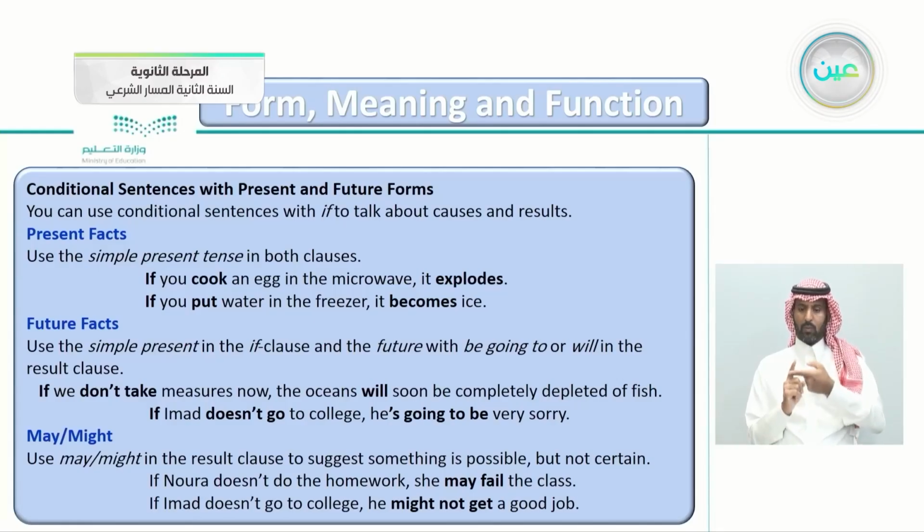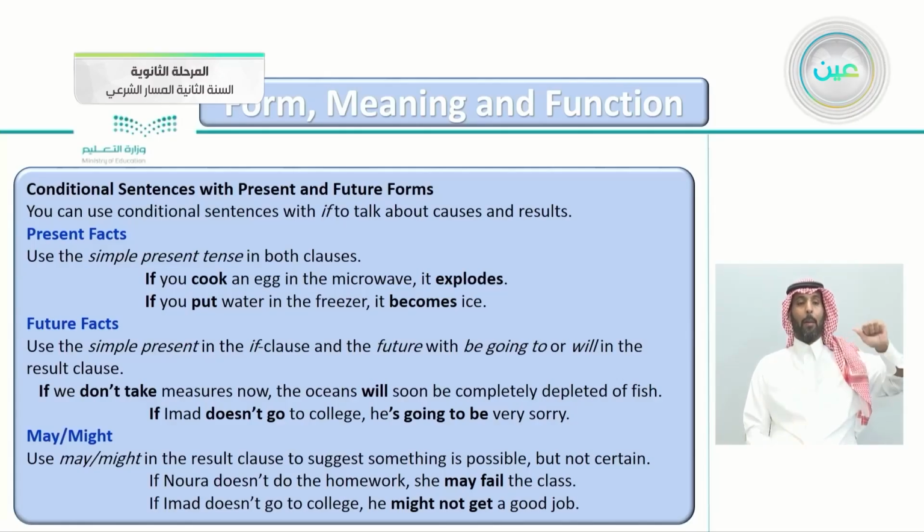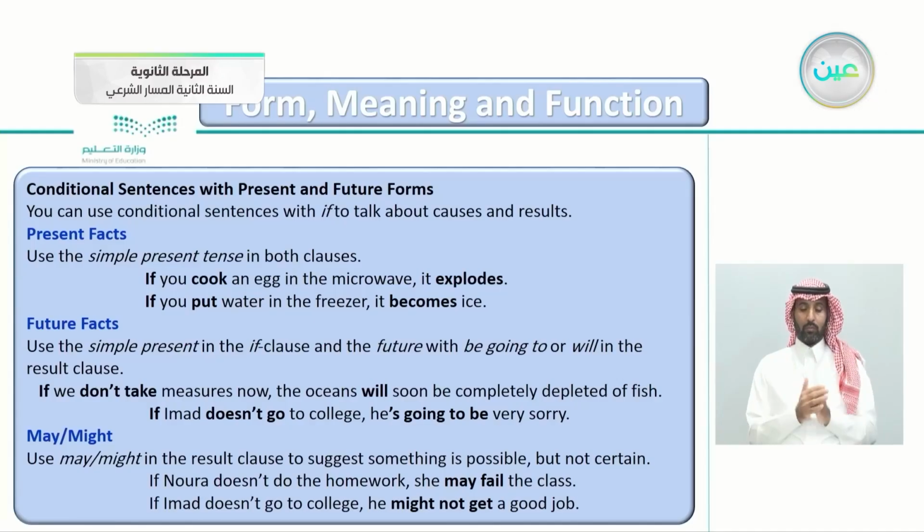Now we're going to the result clause: the oceans will, this is the future will, soon be completely depleted of fish. Another example here: if Imad doesn't go to college, using the simple present in the if clause, he's going to be very sorry. He's going to be, the result clause, very sorry. So we use going to for the future.